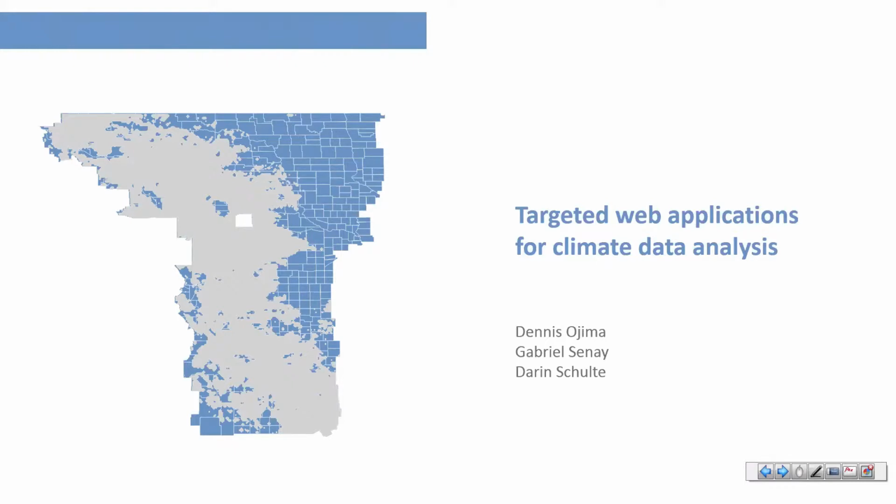We have an opportunity to hear an update of an activity that has been pulled together, guided by Gabriel Sine from USGS. The hard work is being conducted by Darren Schulte, who's been a postdoc with us for the last year, looking at ways of pulling information together from a variety of applications and using it as an exploration tool of different data sets and modeling efforts to utilize across the region.